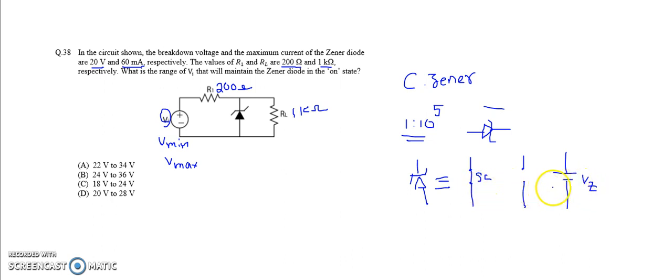So these are the three different equivalents we can take for the Zener diode. But on what basis do we take these equivalents?